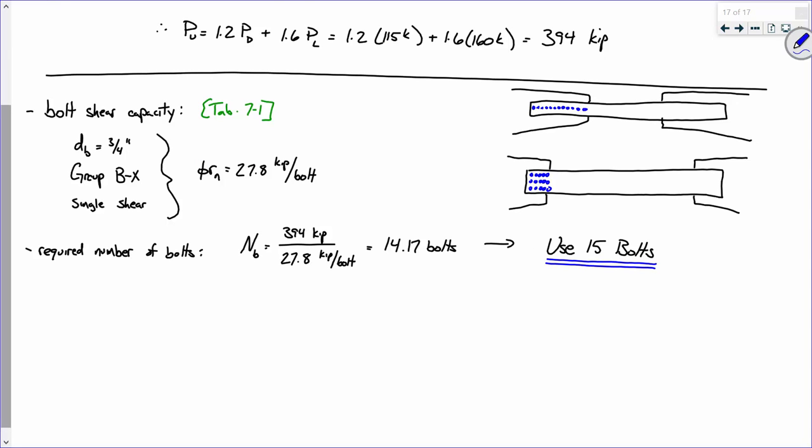All right. Now, in order to lay out that connection, we need to discuss some layout parameters. So connection layout. We need 2 things. We need a bolt spacing, and we need an edge distance. So help me out. What is our preferred bolt spacing for a given connection?